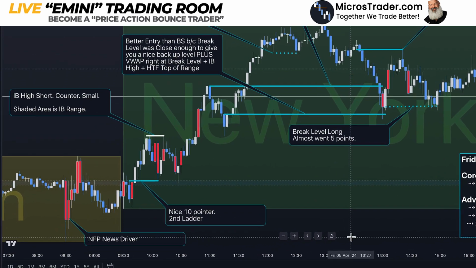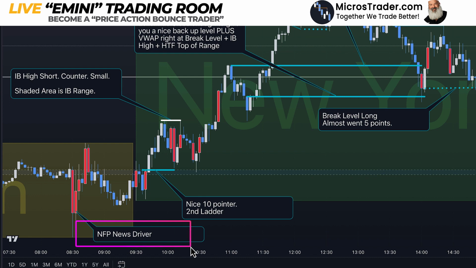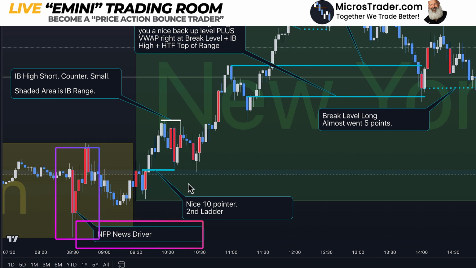If you're in my group, this will be valuable to you today. So the NFP news drivers, these red candles. Yep, you're in for a day, just like the AM briefing said. It's probably a good day not to trade. The first level we get is a beautiful front side and a fair value gap, nice 10-pointer, and I noted something about trend. It's the second ladder up.